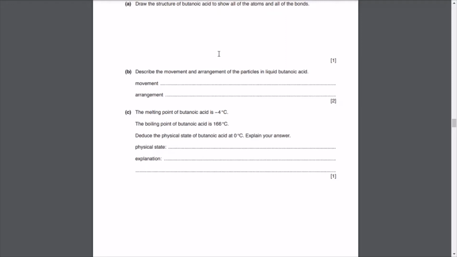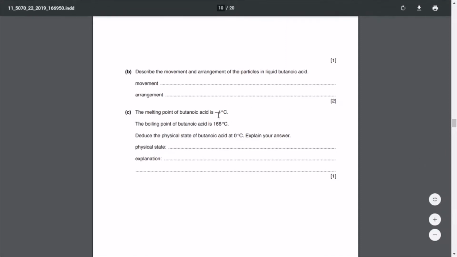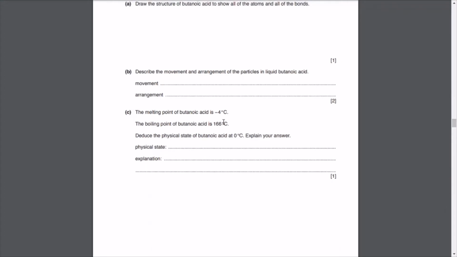Now as we can see over here, the melting point is -4°C. If it is above 166°C, it will be in gas form, and if it is below 166°C, it's in liquid form.